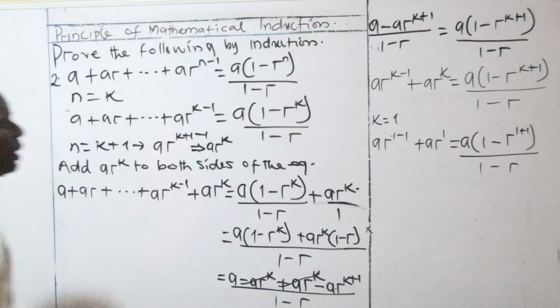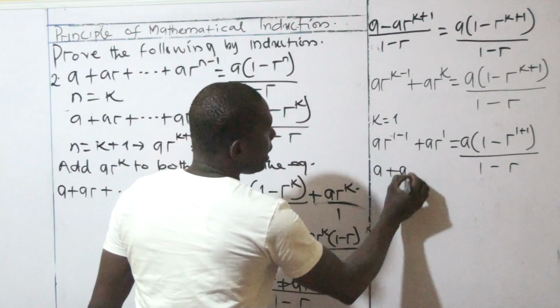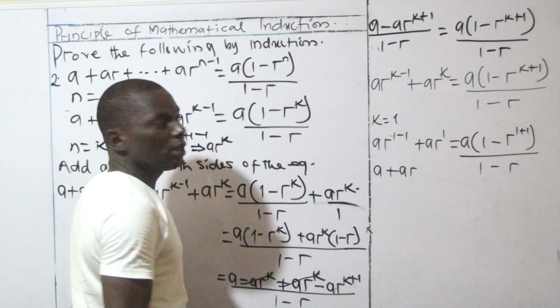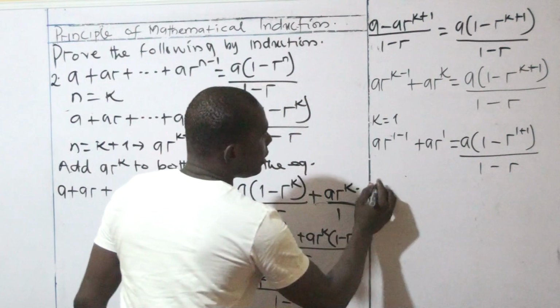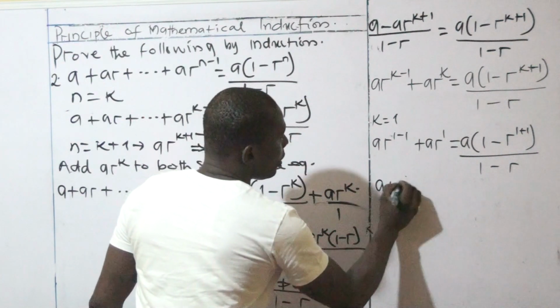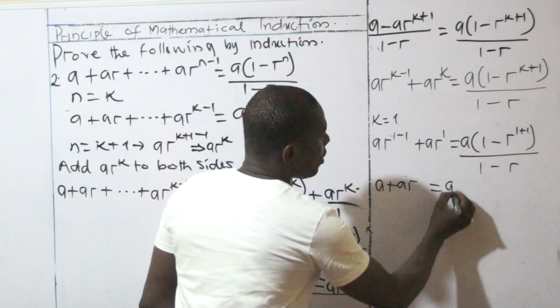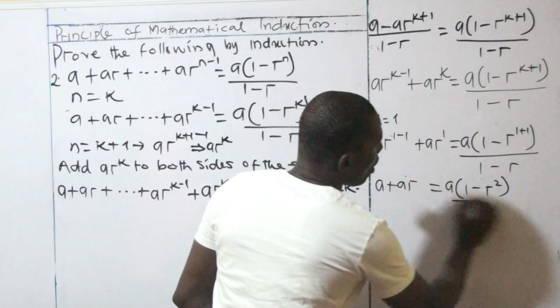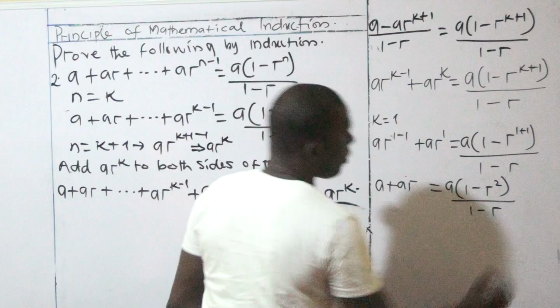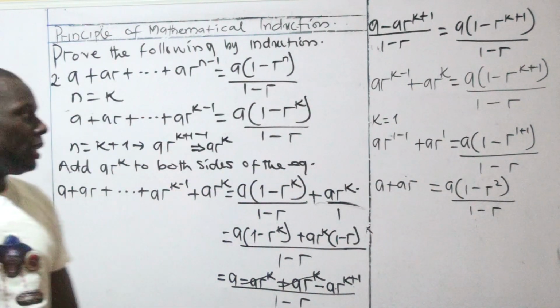So here we just have a plus a r. Okay, here let's come to this other side. This is a plus a r. Here we have a open bracket 1 minus r square all over 1 minus r.